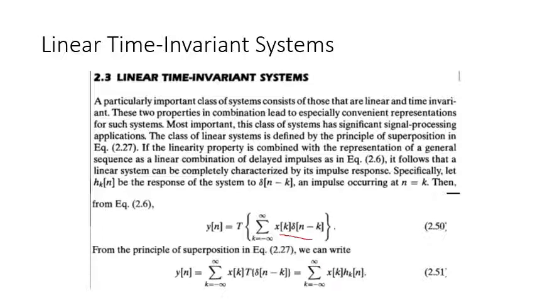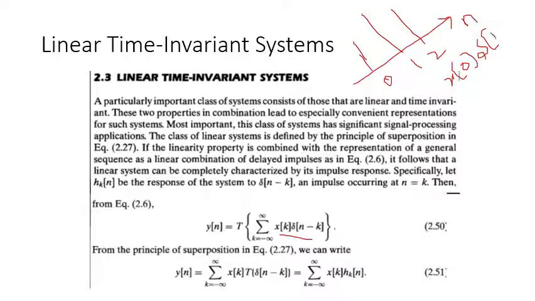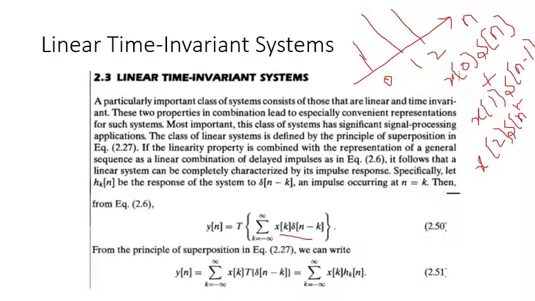Let me tell you, for example, if there is this input, these three samples 0, 1, 2, we can represent this with x of 0, delta of n, because this is at 0, plus x of 1, delta of n minus 1, plus x of 2, delta of n minus 2. So this is what we have done here.